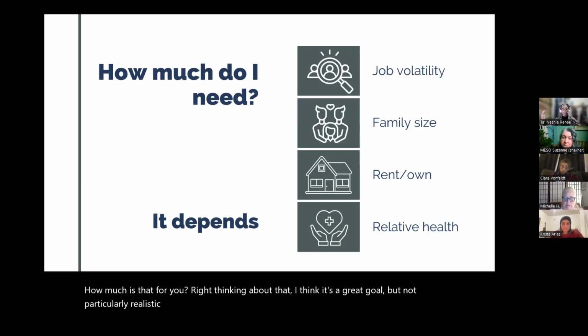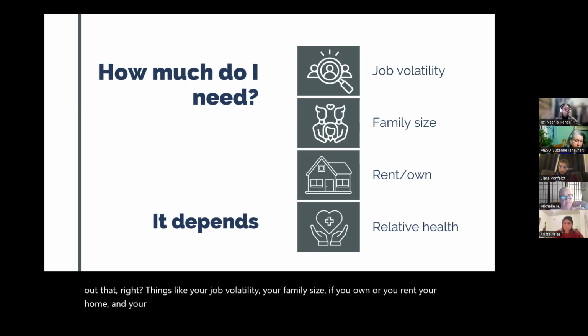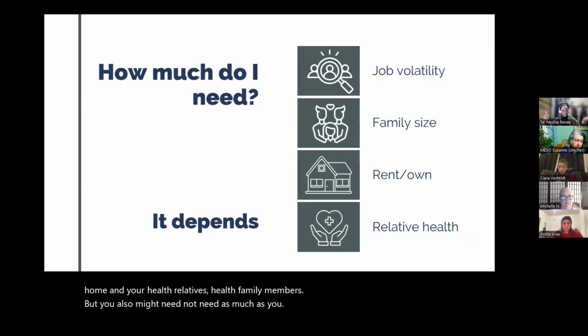Plus, there's a bunch of other factors that go into figuring that out, right? Things like your job volatility, your family size, if you own or rent your home, and your health, relatives' health, family members. But you also might not need as much as someone else might need, right?